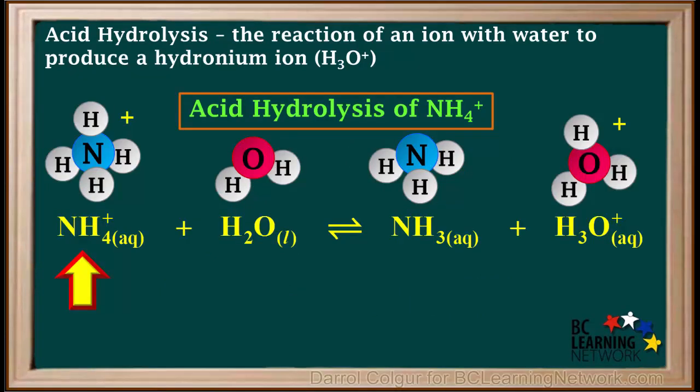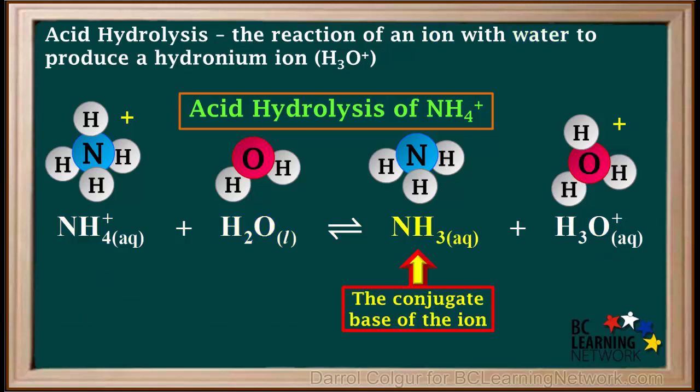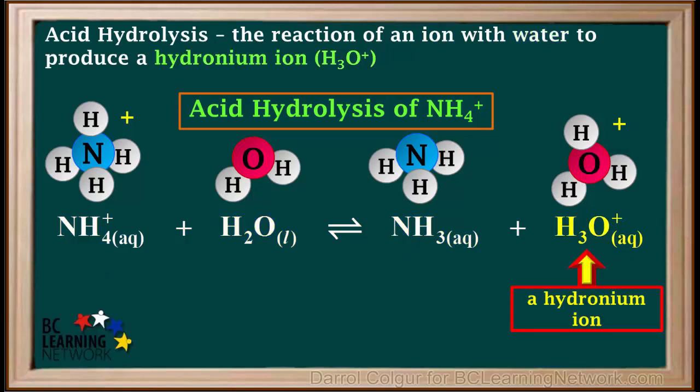The equation for the acid hydrolysis of the ammonium ion then is NH4+ plus water gives NH3 plus H3O+. So in acid hydrolysis, an ion reacts with water by donating a proton to it, forming the conjugate base of the ion and a hydronium ion.